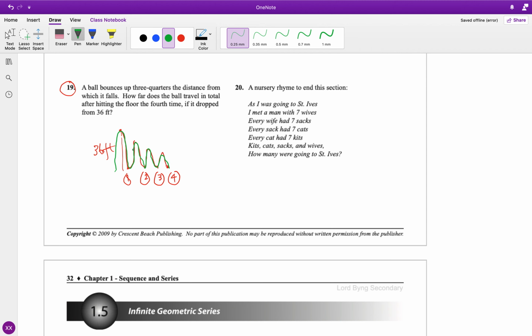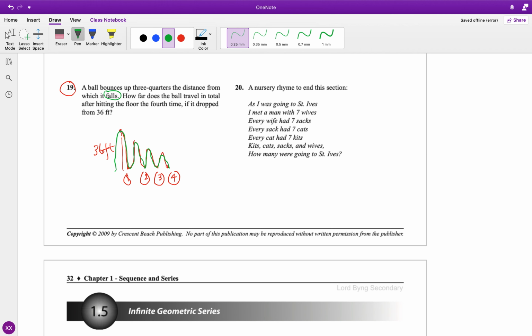So there are 4 loops here that I'm going to add together. However, I am just going to subtract the first, because we did not throw this ball to the top and then let it bounce. We basically drop the ball, you see? It says it bounces up from where it falls. So this is drop and then bounce.